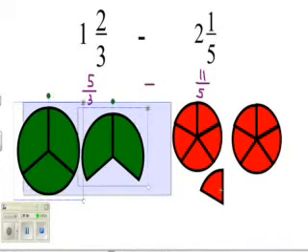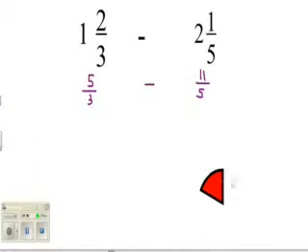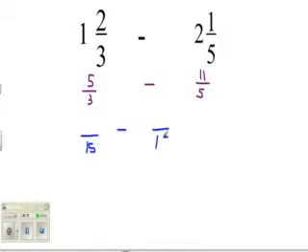So let's get rid of all this. And our common denominator is going to be 15. There's no common factor in 3 and 5, so we're going to have 15ths. And 3 times 5 gave us our 15.